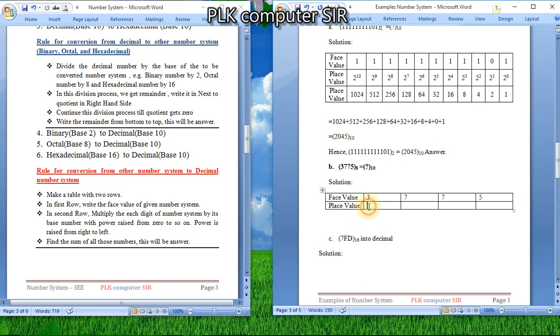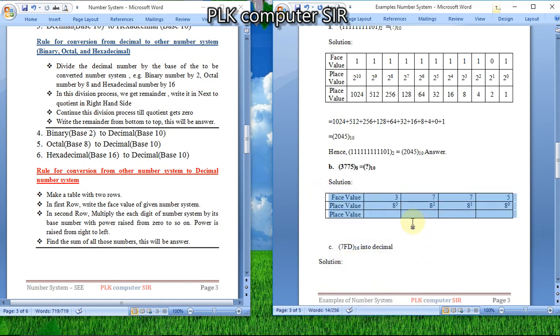We have to multiply by the base, that's why I'm writing the base in all of them. Now we have to raise the power from the right hand side, so its power will be 0. One more row we need. So after 0 it will be 1, after 1 it will be 2, after 2 it will be 3.